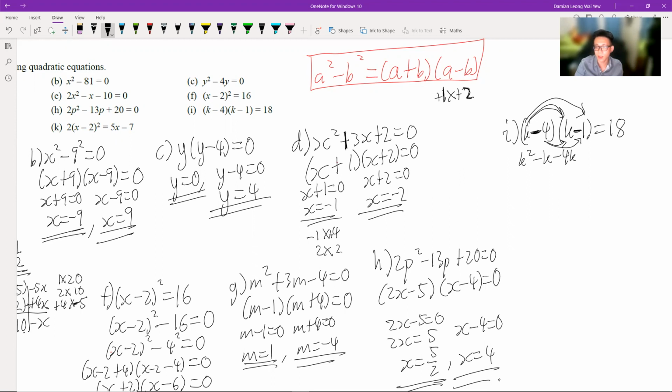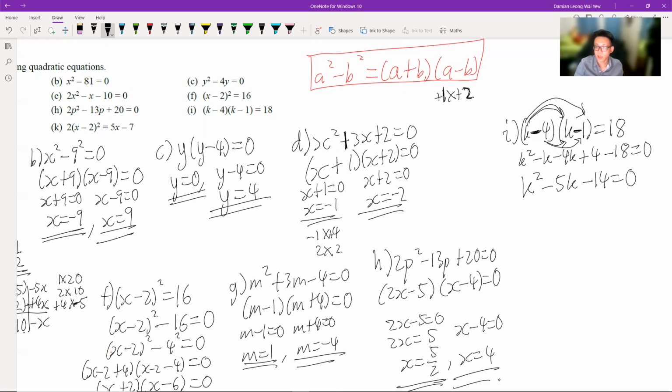The minus or plus follows the number. So same sign, plus 4. 18 positive, I bring over, opposite is minus. So minus 18 equals 0. Then I will have k squared minus 5k plus 4 minus 18 is minus 14 equals 0.